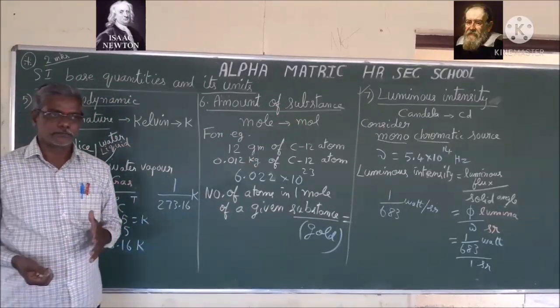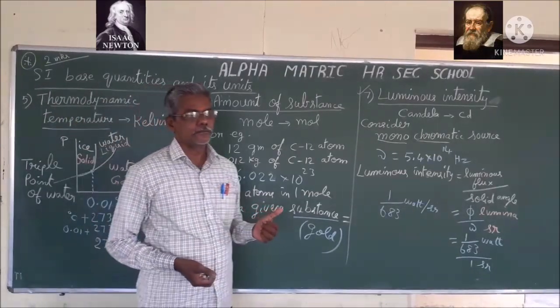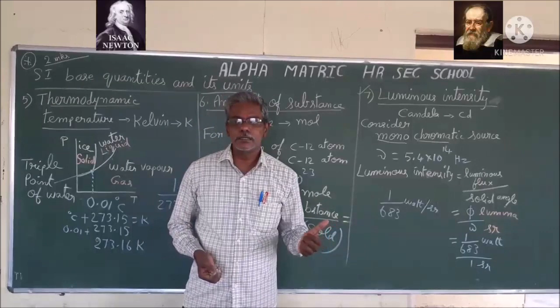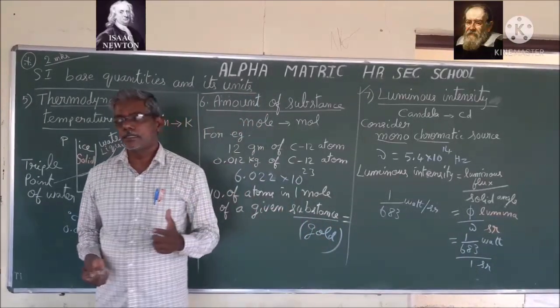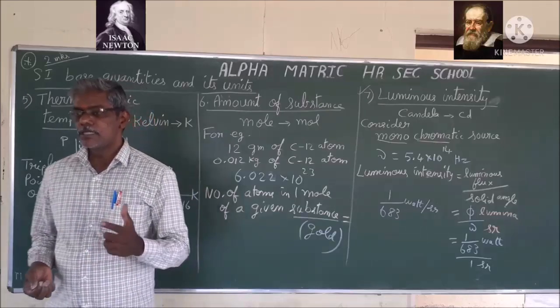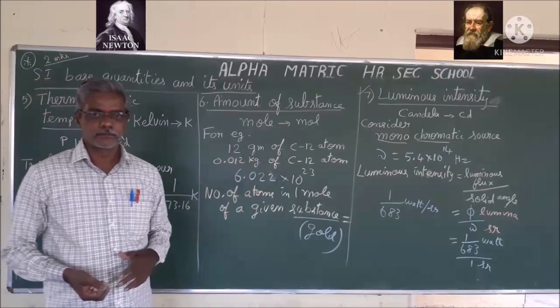The length: the unit is meter, symbol is m. 1 meter is the length of the path travelled by light in vacuum in 1 by, that is the fraction of, a second.